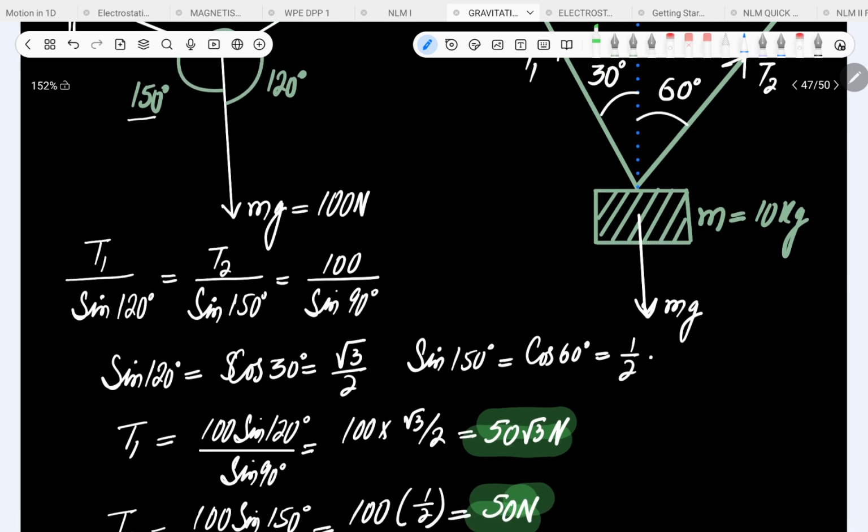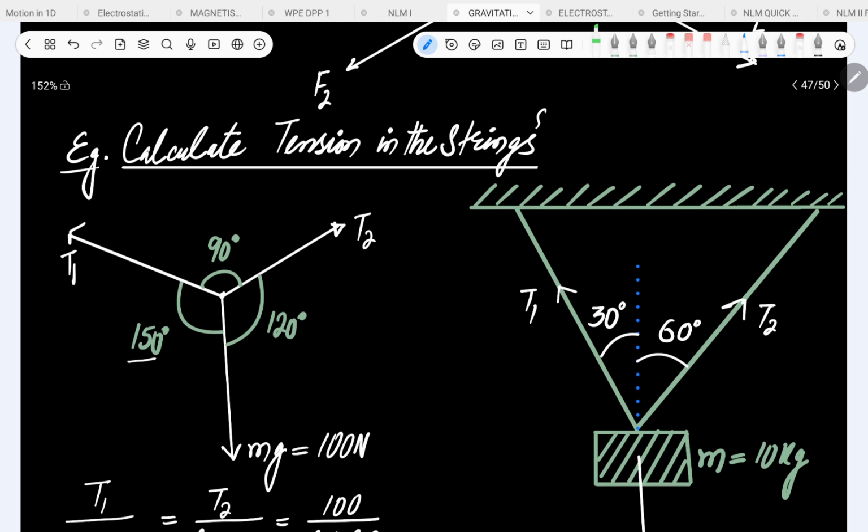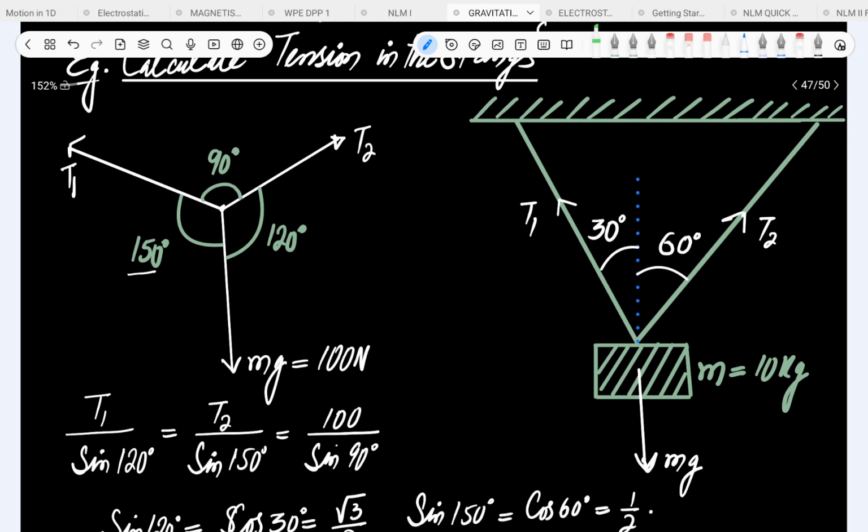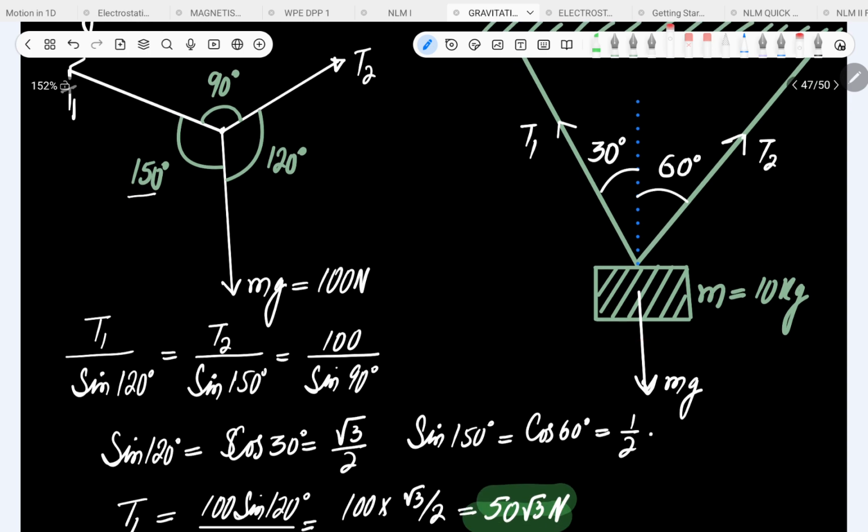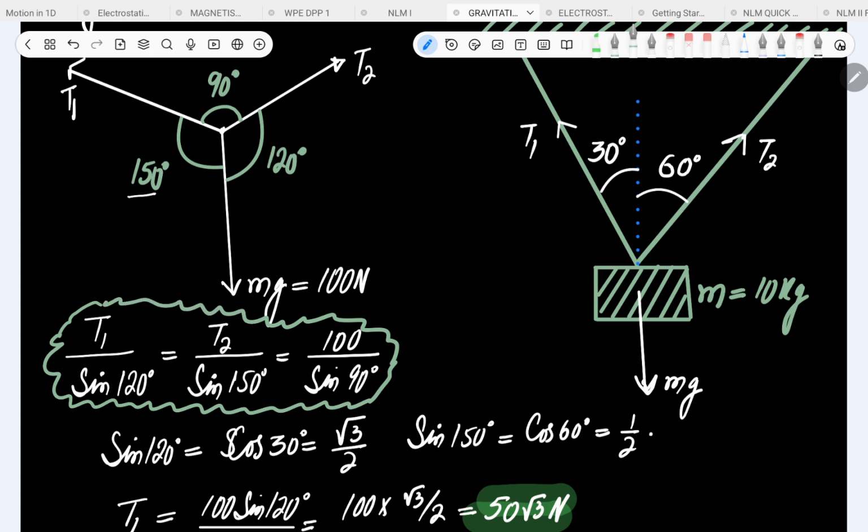So simply we have used Lami's theorem. On applying Lami's theorem on this system, we are able to calculate the values of T1 and T2. This is what we call Lami's theorem. This is Lami's theorem for you, which is important.